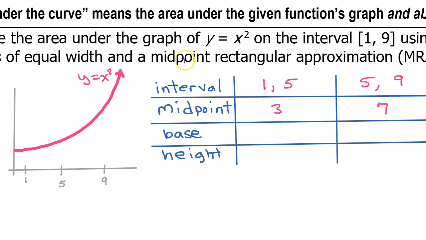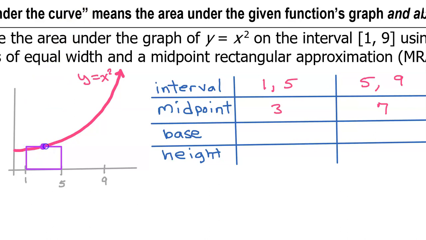The idea of midpoint rectangular approximation is that we are using two rectangles to estimate the area under this curve between 1 and 9. Each rectangle will touch the graph of y equals x squared right at the midpoint of the rectangle.